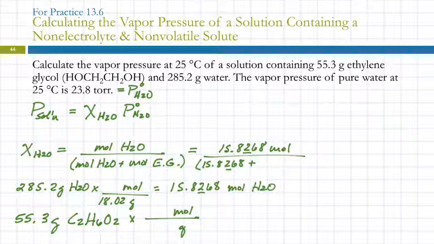Two times 12.01 plus 6 times 1.008 plus 2 times 16. I'm getting 217.556. Anybody else?